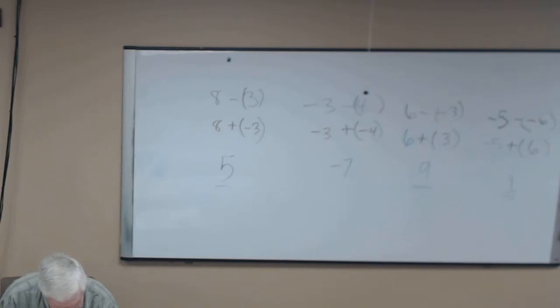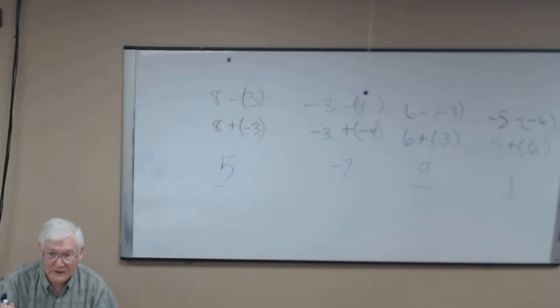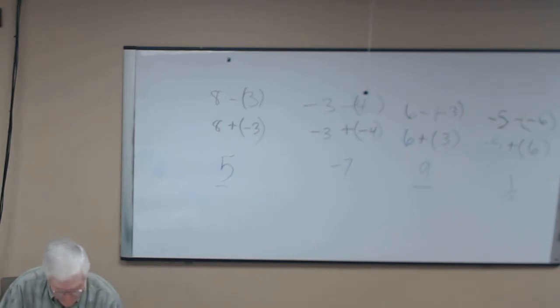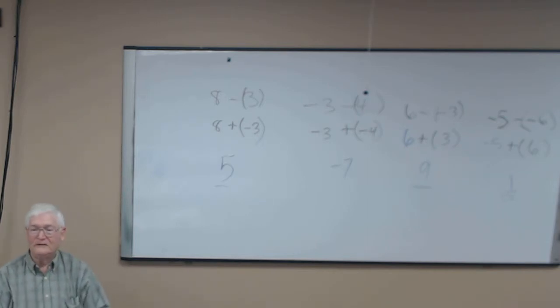So number 30, what's -3 times -4? Well, you know 3 times 4 is 12, right? So the question is, for 30A, is -3 times -4 positive 12 or negative 12? What do you think? Were you taught some rules earlier in life about this stuff?